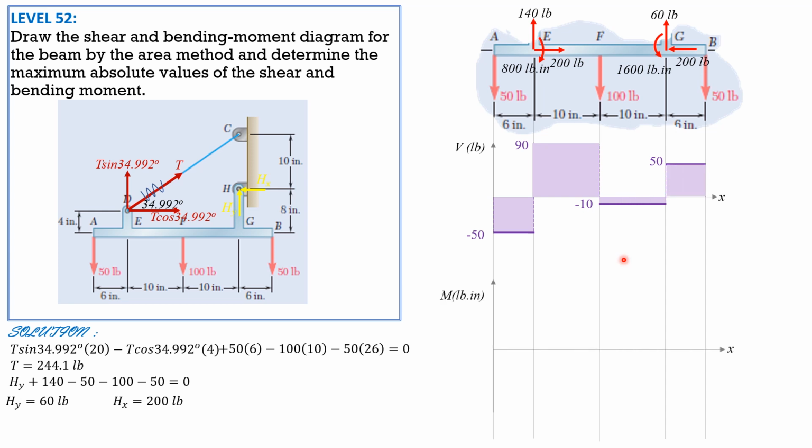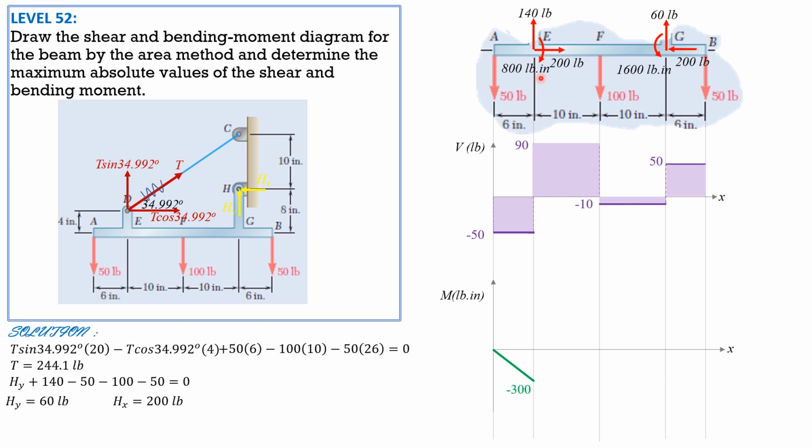Then for the moment diagram in pound-inch, beginning with A, which is 0, then we have a negative constant shear ordinate, so constant negative slope. The area is negative 50 times 6, so negative 300, straight line here, negative 300.